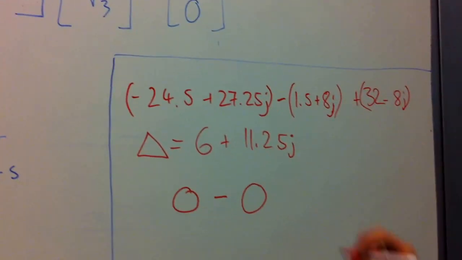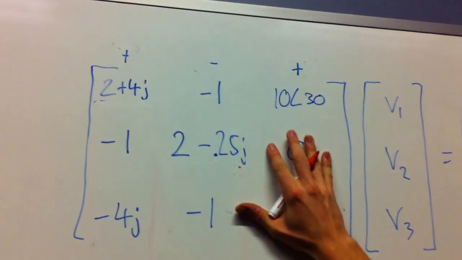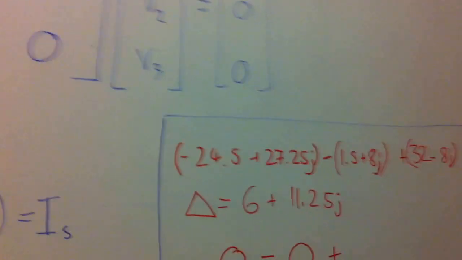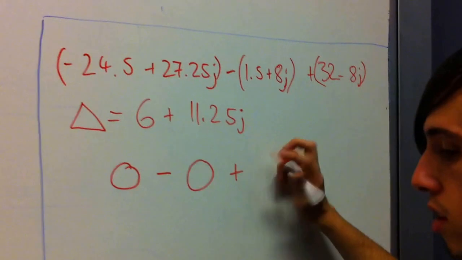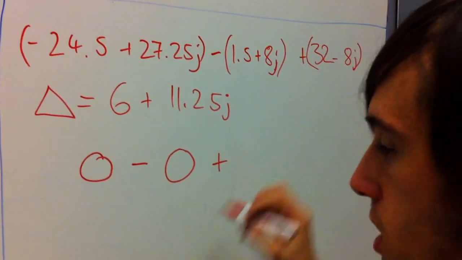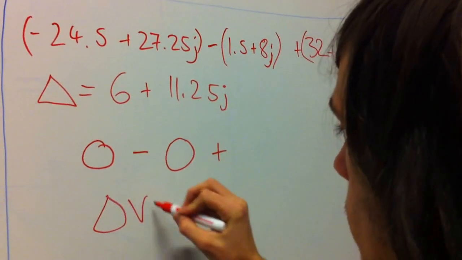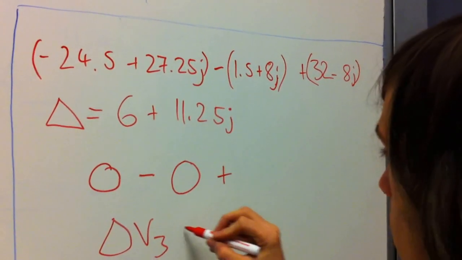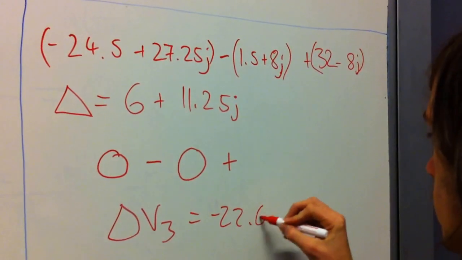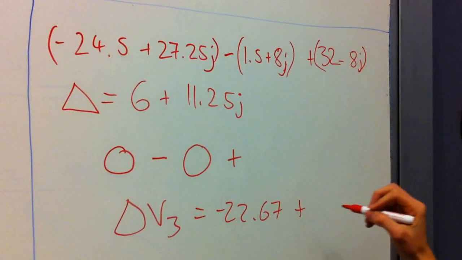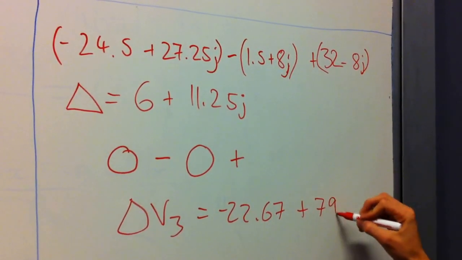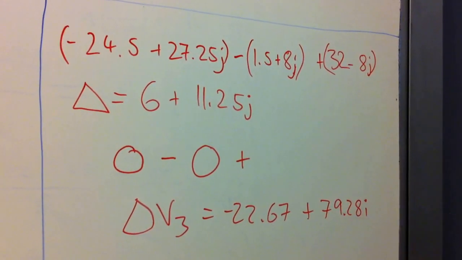So the last one is going to be the matrix there, which gives us, you sum all that together, the determinant for V3 equal to negative 22.67 plus 79.28j.